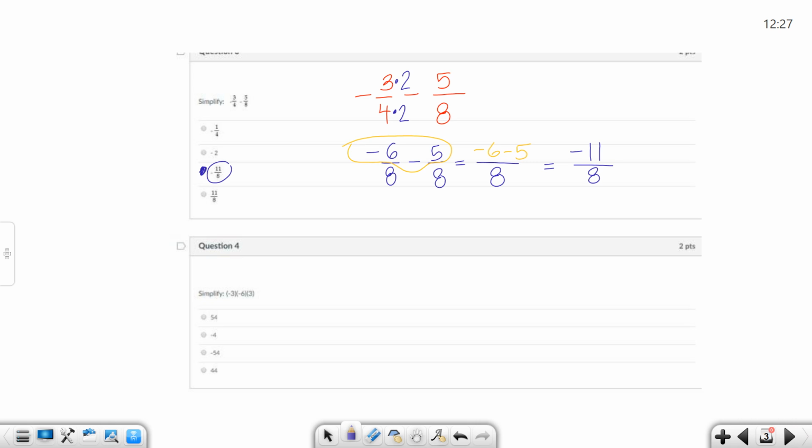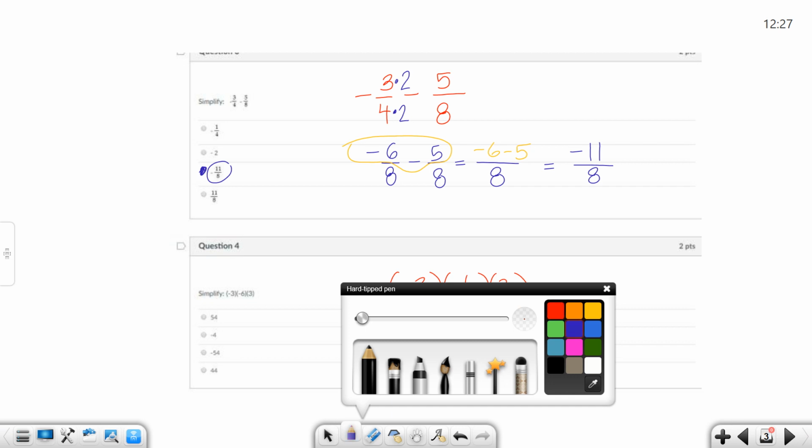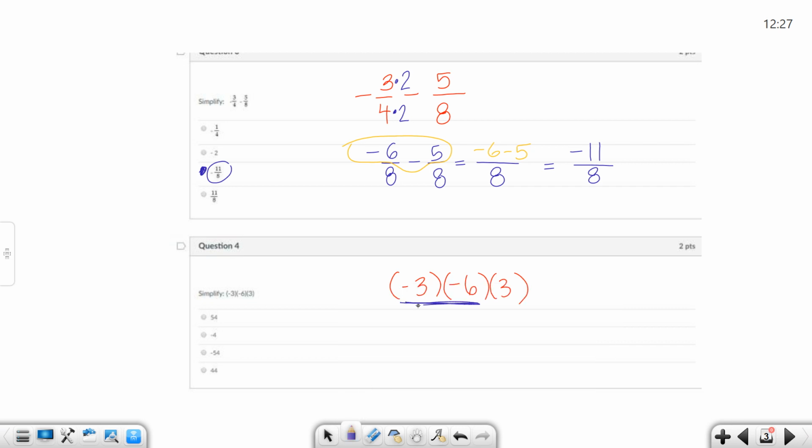And the next one that you have is multiplying. So you have negative 3, negative 6, and 3. Now let's just look at signs for a minute. When I multiply these two together, just these two, they're two negatives. Multiplying two negatives would make a positive 18.